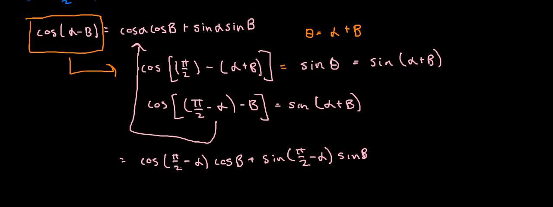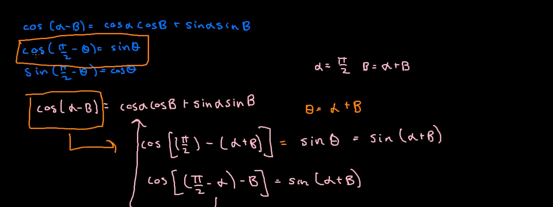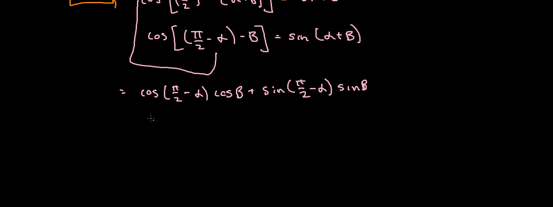And cosine of pi over 2 minus theta is equal to sine theta. In this case, the angle is just alpha. So I have that written up here. Cosine of pi over 2 minus theta is equal to sine theta. Sine of pi over 2 minus theta is equal to cosine theta. So I just make these substitutions.